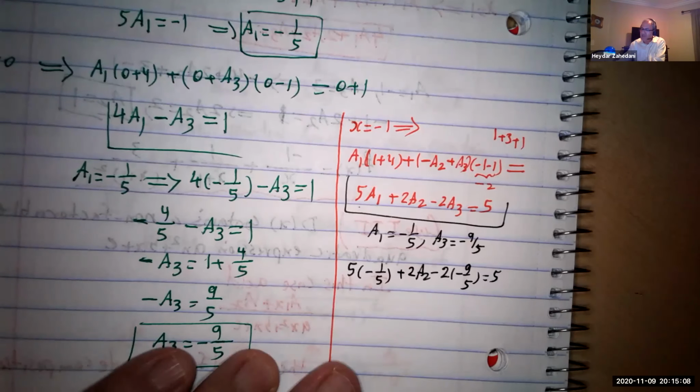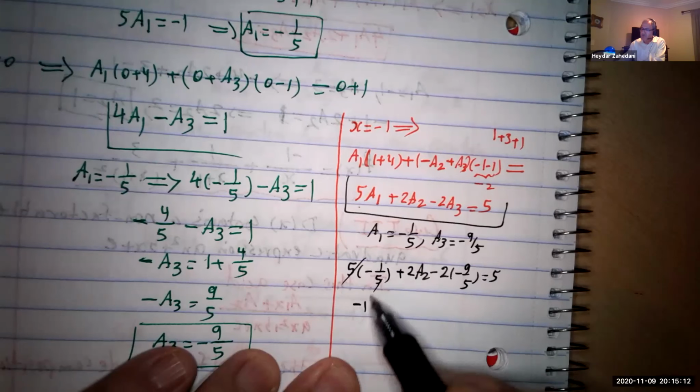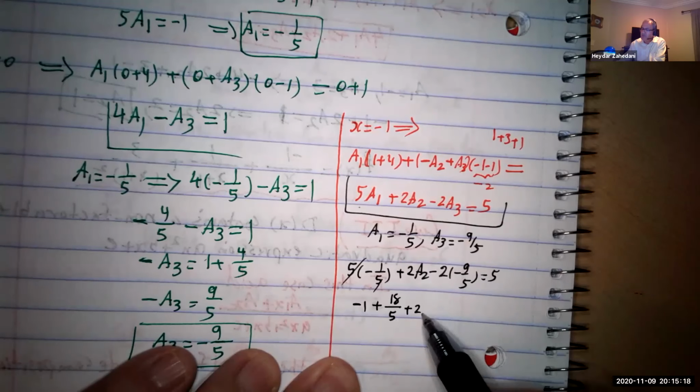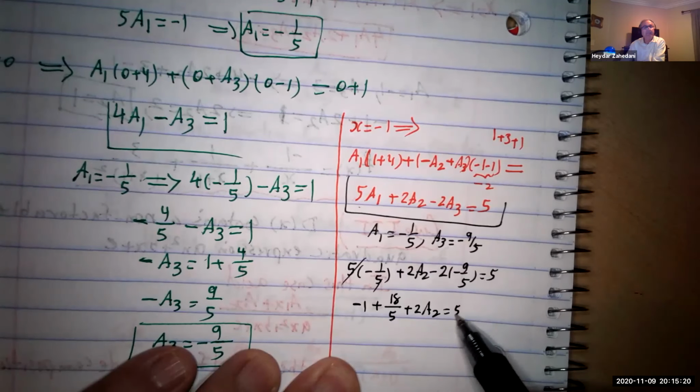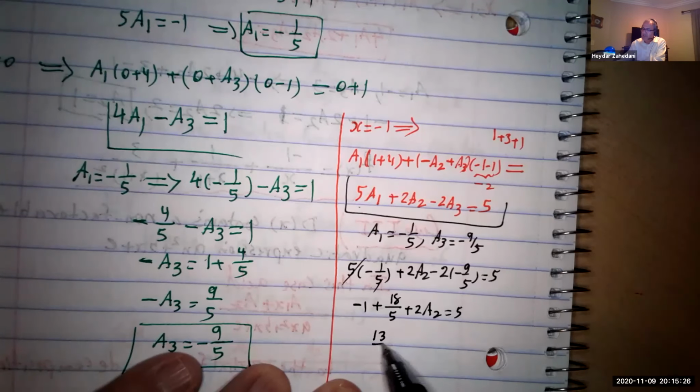So we have to simplify it. So that gives you a negative 1, because this would cancel out. And that gives you 18/5 plus 2a2 equal to 5. So negative 5 and the 18, that gives you 13/5. 13/5 plus 2a2 equal to 5.